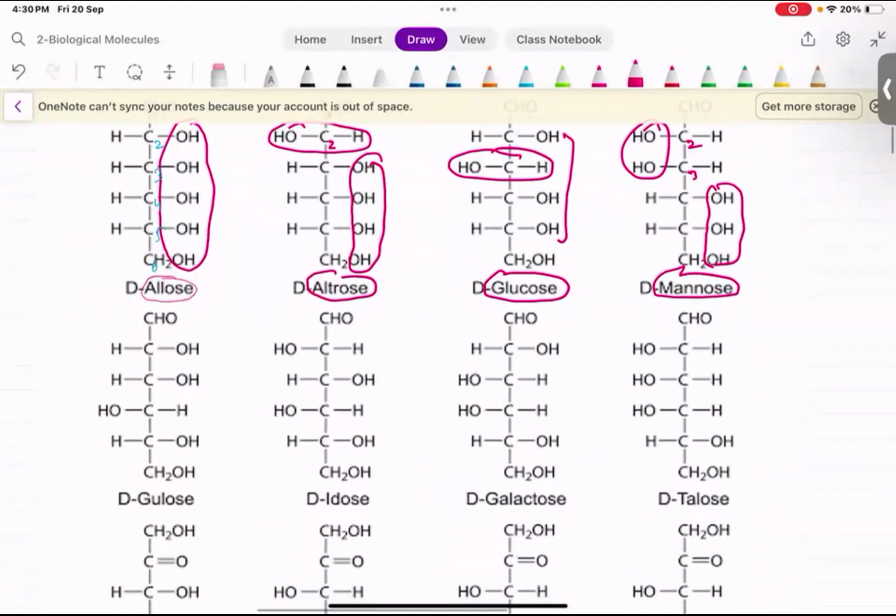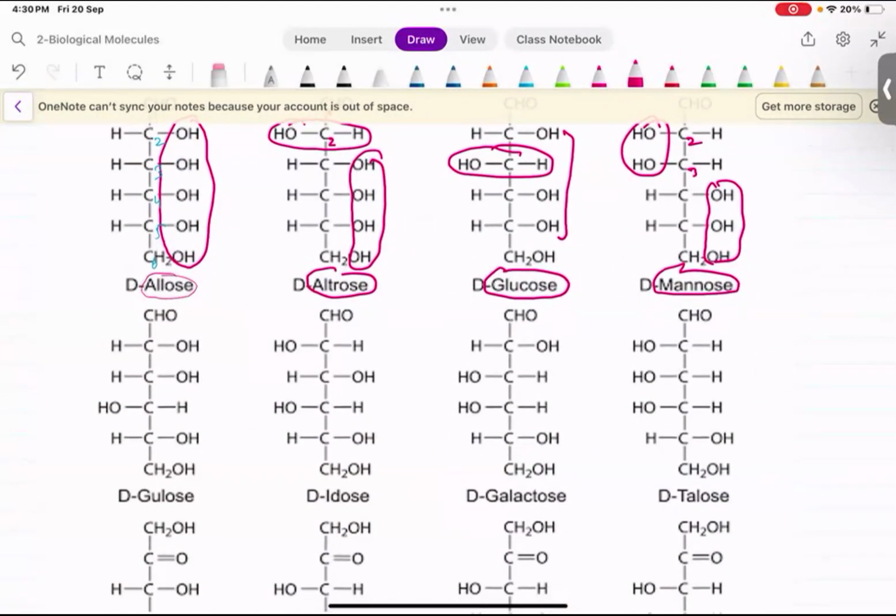If on carbon number 4 there is a hydroxyl group on the left side and the rest of the hydroxyl groups on the right side, the name will be what? Gulose.